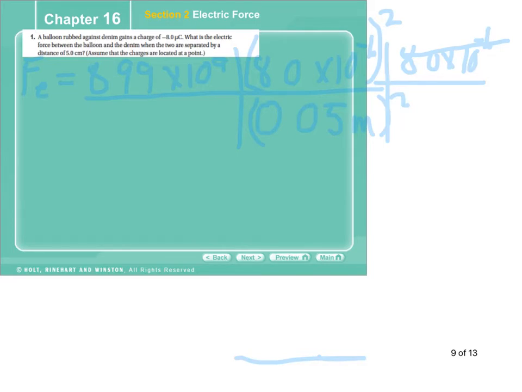If you haven't done so, just pause the video, run through the calculations, and you should end up with 230 newtons. And because these were oppositely charged particles, this will be an attractive force.